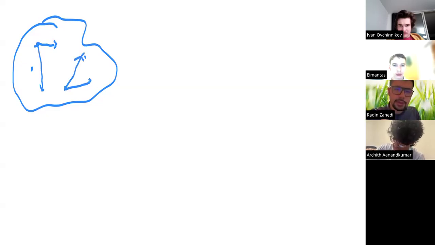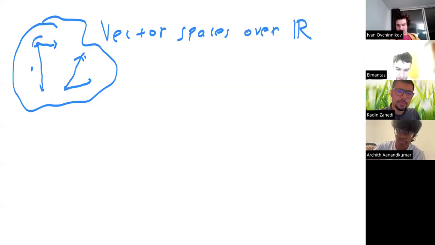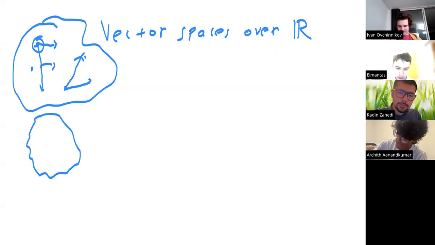For example, you could have vector spaces over R. Your objects are vector spaces, and your maps would be linear maps, or some simpler structures, for example, merely sets and just functions between them.